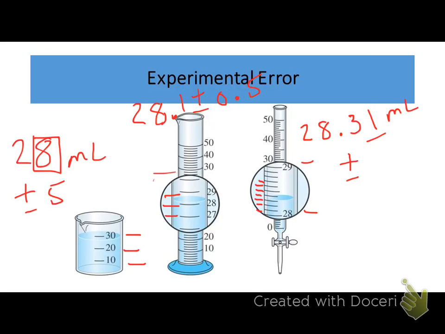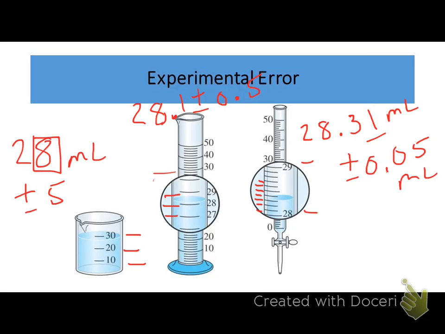So my random error should be 0.05 milliliters. Is that even better than the graduated cylinder? Actually, yes. So my random error is decreasing. It's going from plus or minus 5 for the beaker to plus or minus 0.5 for the graduated cylinder, and then finally for the burette it's plus or minus 0.05.